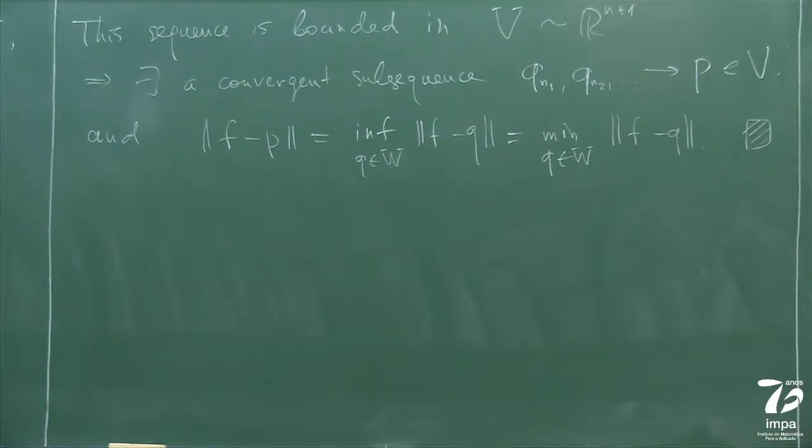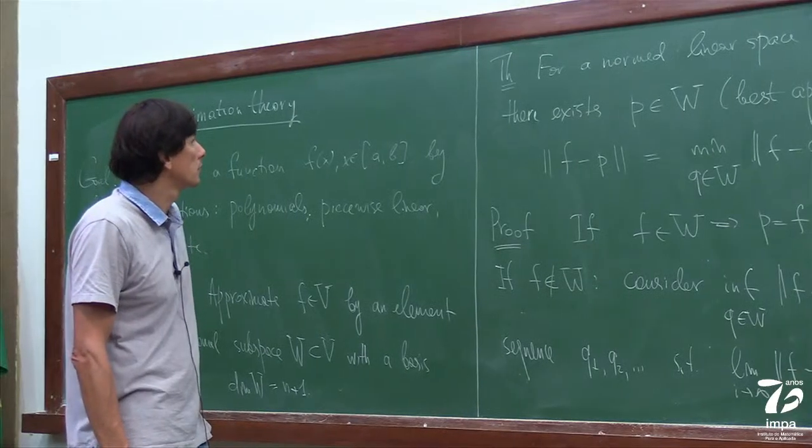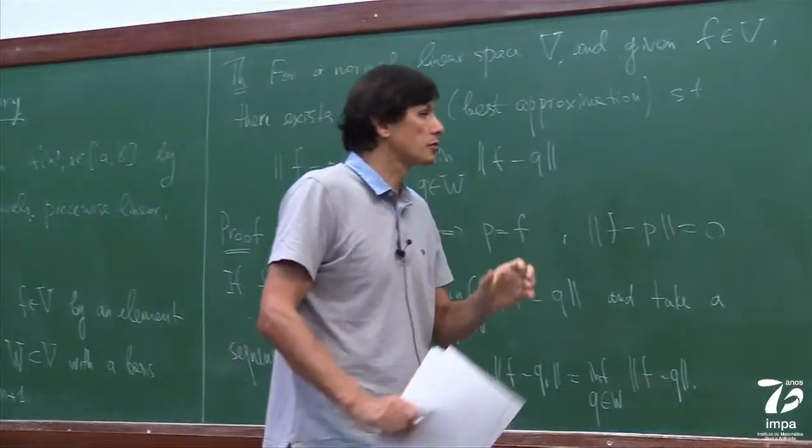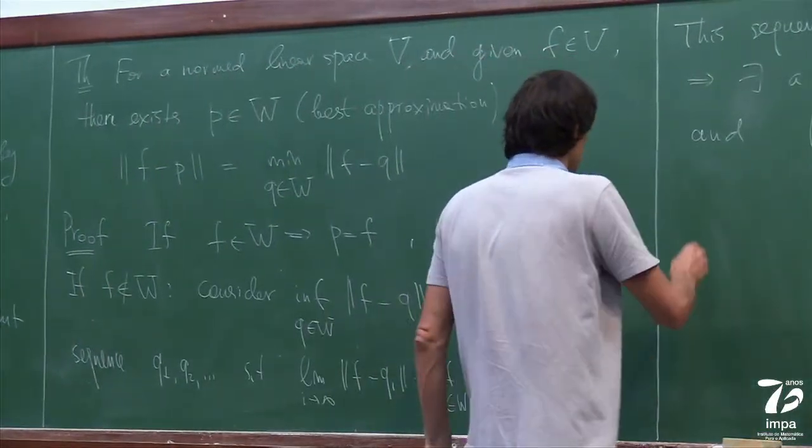That's a bit too complicated because we assume that there is just a norm. But in the usual situation, you have a scalar product or inner product.